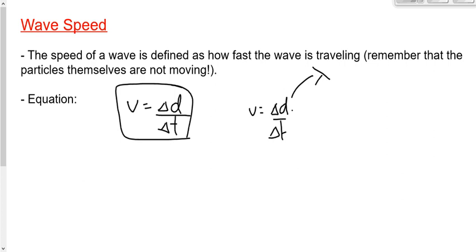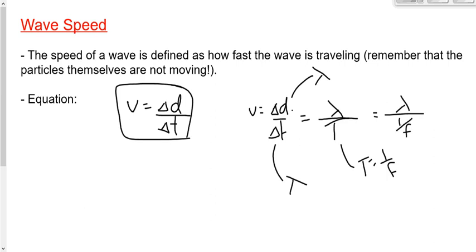Anybody want to take a stab at what the time over which the wave repeats itself is called? Nope. The time over which the wave repeats itself. The period. So that's going to be capital T. So we can make this lambda over T. And that's correct. Now, period is 1 over f, and that's usually the way we end up writing this in terms of frequency.